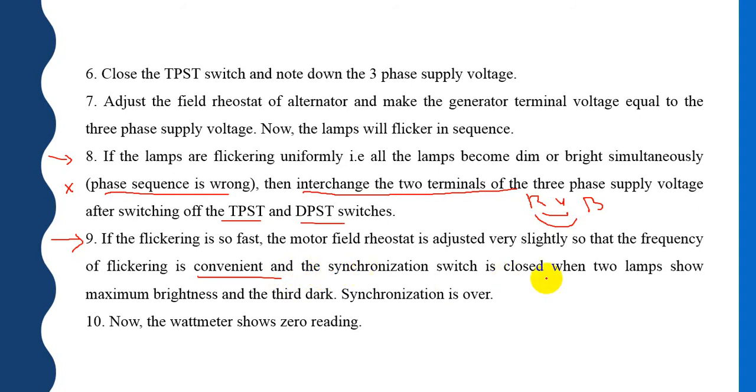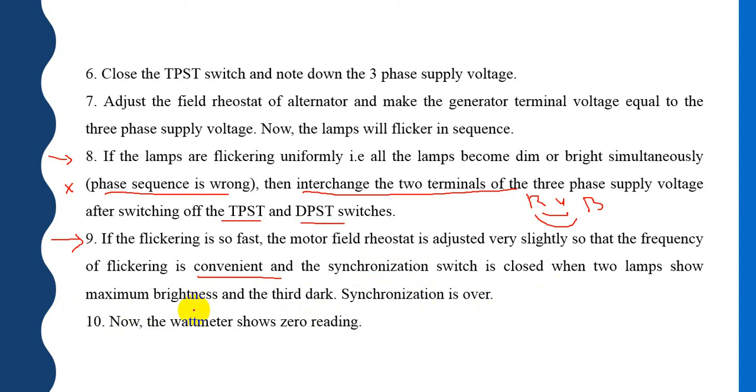The synchronization switch is closed when two lamps show maximum brightness and the other lamp is dark. This makes sure the synchronization is done.